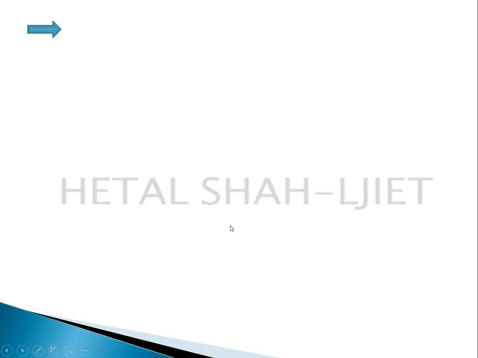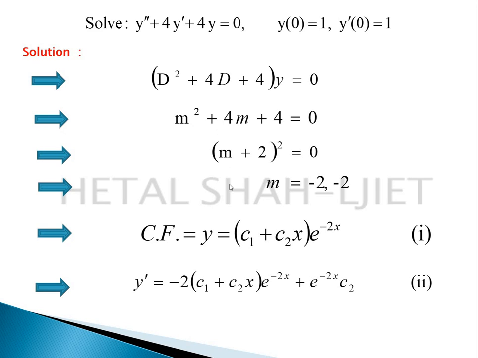Now putting x equal to 0 in equations 1 and 2. If we substitute x equal to 0 in equation 1, y of 0 is C1 e raised to 0. So y of 0 is 1, so 1 equal to C1.